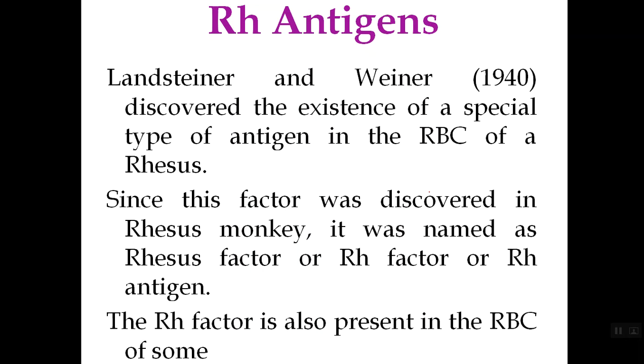When a woman is Rh negative and conceives an Rh positive baby in her first pregnancy, during the delivery time there will be mixing of the maternal RBC and the fetal RBC. When this Rh positive fetal RBC mixes with the Rh negative mother's blood, and she conceives a second time with an Rh positive baby, the mother's body itself will kill the Rh positive fetus in the womb.